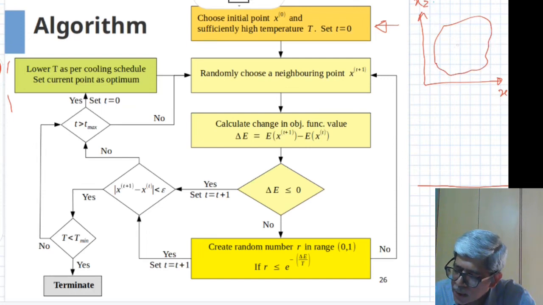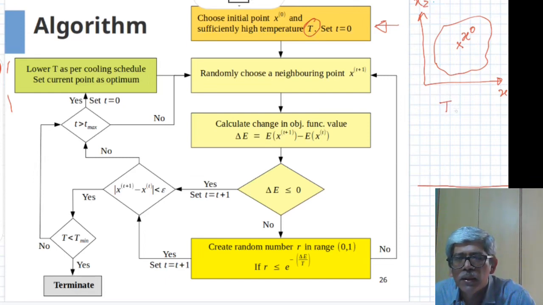You choose an initial point, that is x0, and an initial temperature T. So T is the initial temperature, which you initially set at a high level. As we said earlier, at a high level, like the physical material, the movement of molecules is faster and wider. In this case also, the scatter of search variables within the search space will be wider.